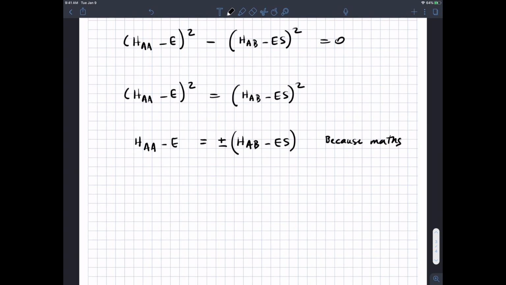So what we're going to do is try to get E on one side of the equation and everything else on the other side. And I won't do that algebra, but what you come up with is E equals (HAA plus or minus HAB) divided by (1 plus or minus S).